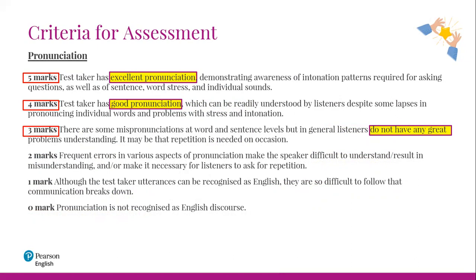So the communication goes relatively smoothly, despite mispronunciation. Sometimes repetition is needed, but generally there are no great problems understanding. 2 marks. Well, 2 marks, just as in grammar and vocabulary, mean frequent errors.